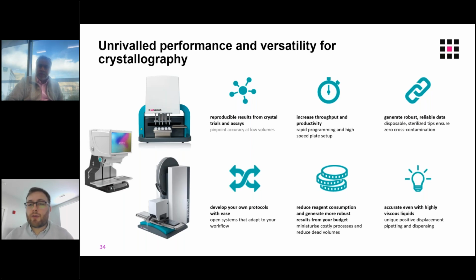So although I've talked about crystallography today, there are other applications. The instruments are great for reproducing results from crystal trials and assays that you might fail to do by hand. They increase throughput and productivity, and they're very easy to program and change on the fly. They generate robust and reliable data.